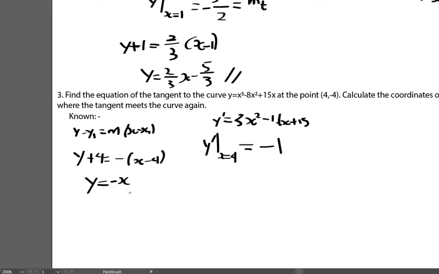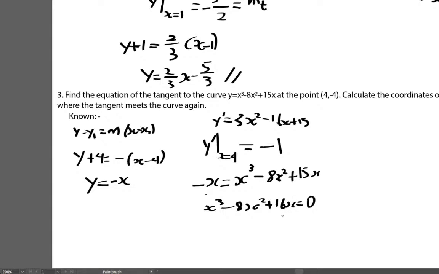Because the y would be the same, you could just write this equation: x cubed minus 8x squared plus 15x, and put this negative x to the right here. You'll get x cubed minus 8x squared plus 16x equals 0. And now we need to factorize this entire thing.